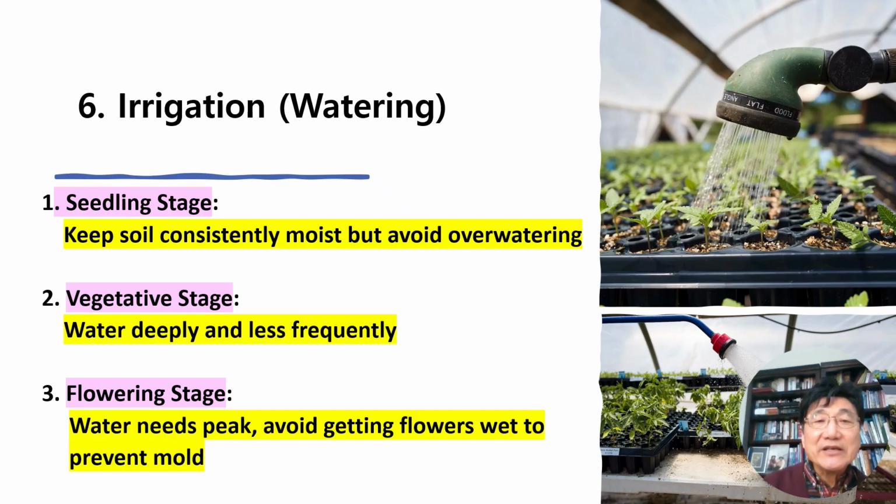Consistent watering is essential, and any drought stress during this period can severely reduce the final yield and quality. However, it's vital to avoid getting the flowers wet, as this can lead to mold and mildew.